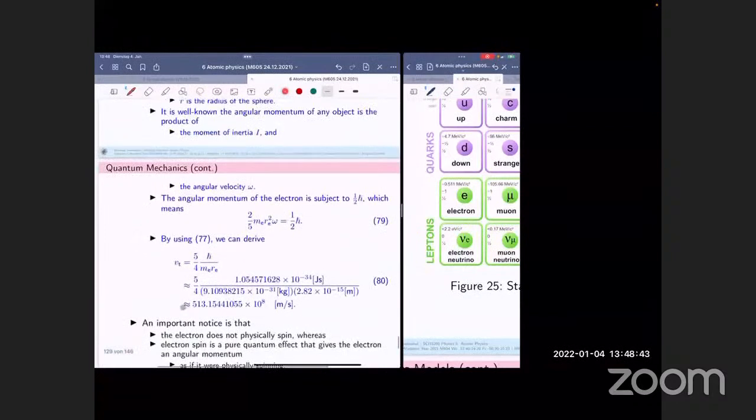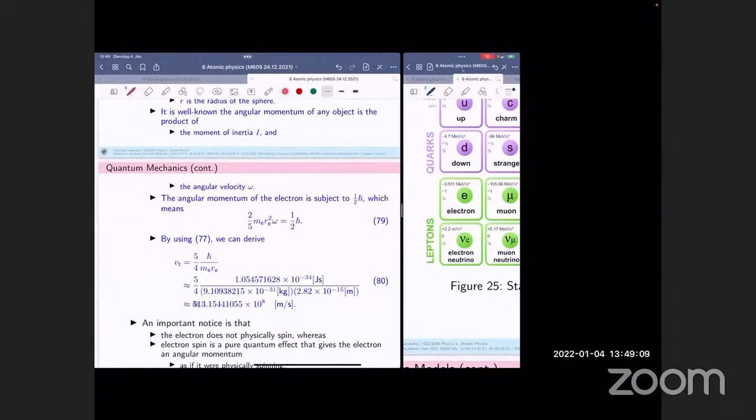Because 5.15 × 10⁸ is much greater than 3 × 10⁸. We usually know that the speed of light is 3 × 10⁸, so it's not the case here. It's much greater than the speed of light, and no object can move faster than light.